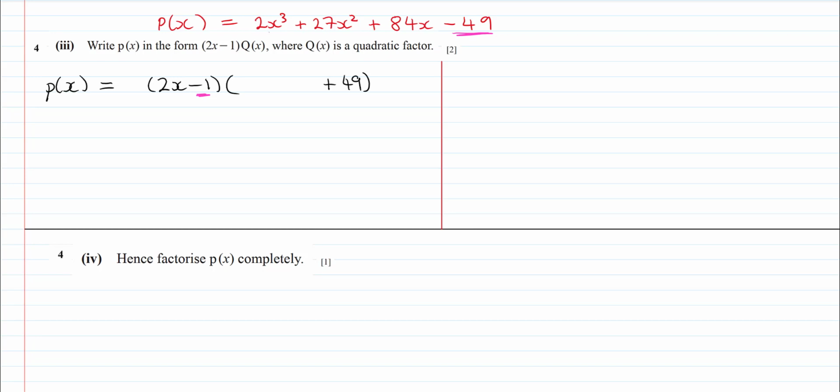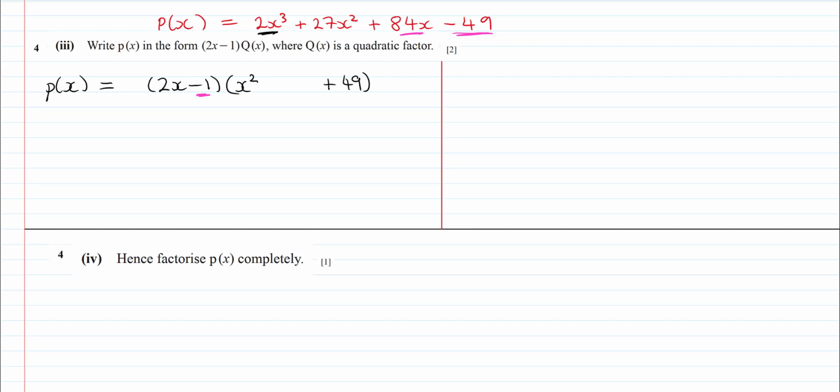And then for this 2x cubed part, we're going to need 2x times something to equal 2x cubed, so it's going to be x squared. And now if we look at our x part here, we're going to need to fill x squared plus something times x plus 49 to finish off our quadratic factor there.